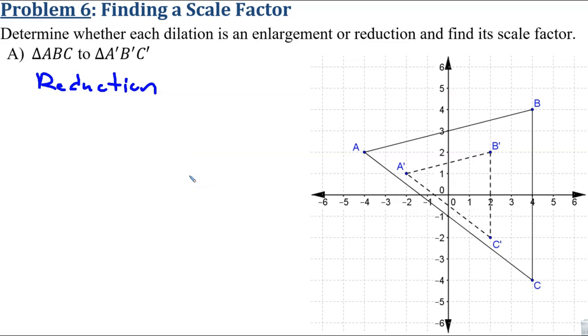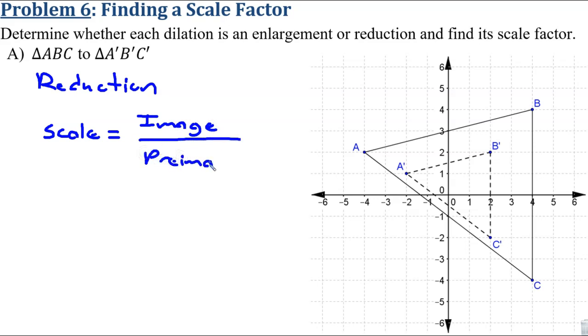And as far as the scale factor goes, the way we'll calculate that is I'm going to say that the scale is equal to the length of the image over the pre-image. So scale is image over pre-image. In other words, I can just find a length that's countable on the image, such as this vertical right side.